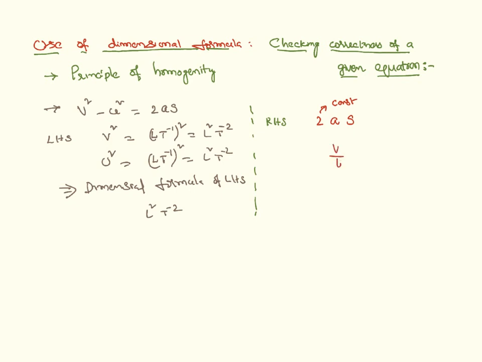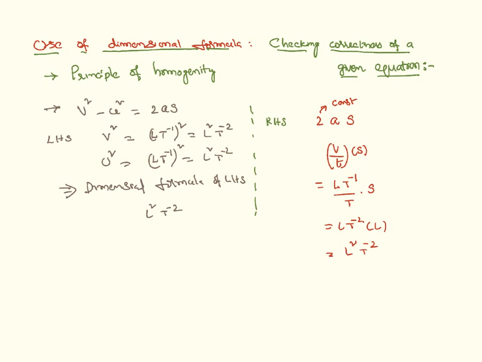I know acceleration is nothing but velocity by time, and displacement. Velocity can be further expressed as rate of change of displacement by time, and of course displacement. So LT power minus 2, and displacement is again a length whose dimensions are again equal to L. So the dimensions of RHS is L square T power minus 2.